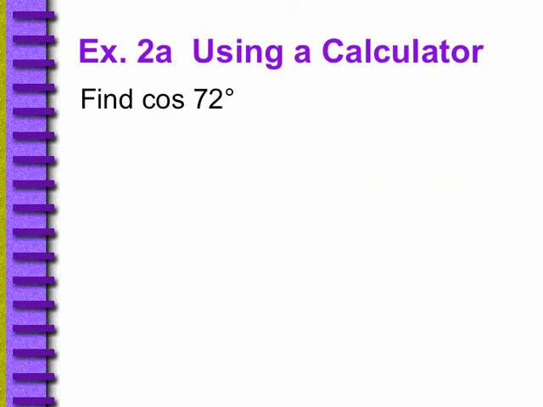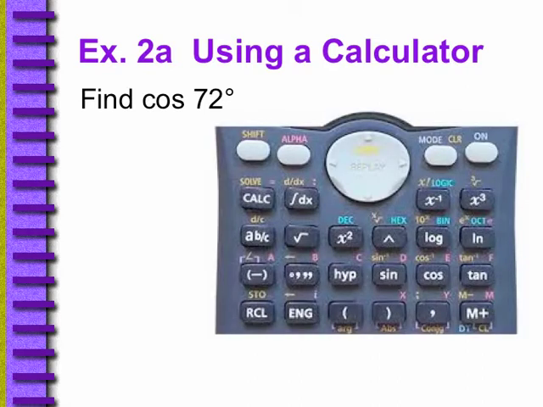So we could use a calculator to find the cosine of 72 degrees. You'll notice the trig functions are labeled sin, cos, and tan. So we're going to click on cosine, and then type in 72, and we should get about 0.31. If not, check that your mode is in degree mode and not something called radian mode.